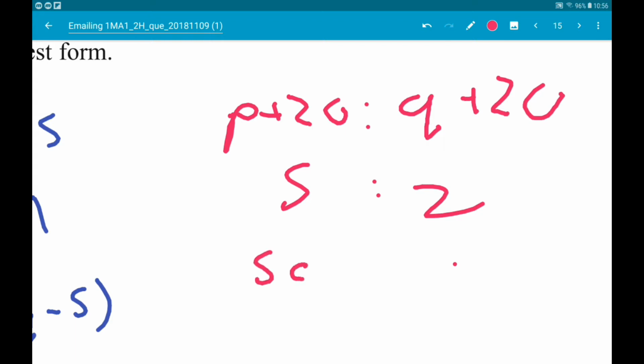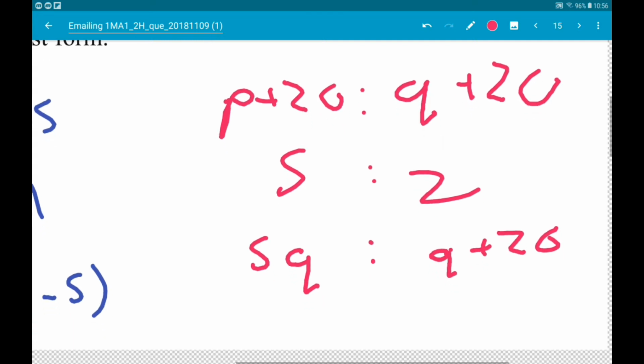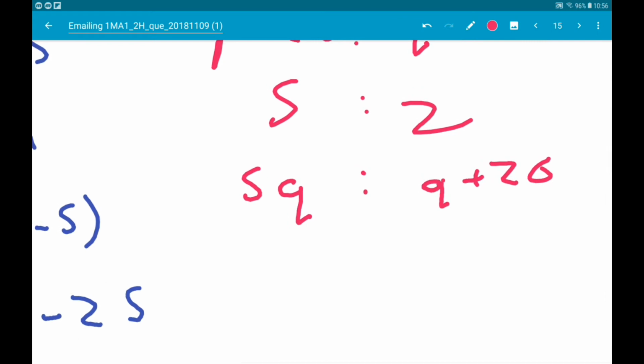So we now have 5Q to Q add 20 is in the ratio 5 to 2. So, we're going to do again what we just did on the left. We're now going to turn this into an equation.